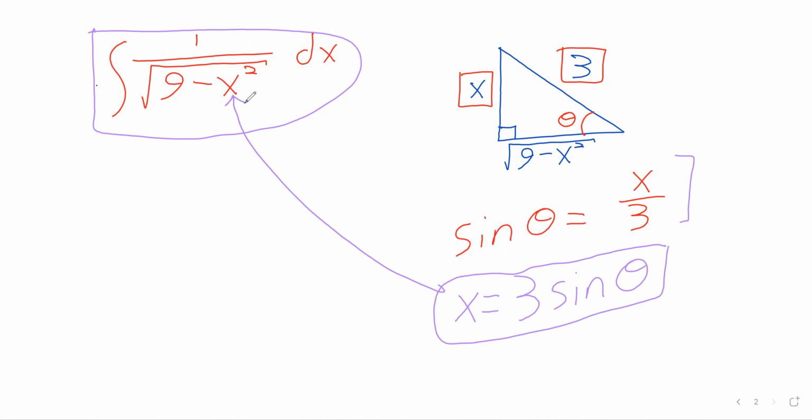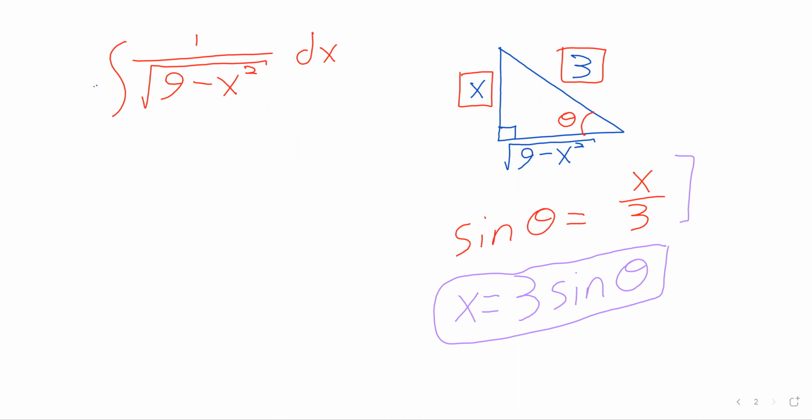And when we do this, it's going to look like we've made things worse. This trigonometric substitution always looks really ugly when we perform it. But let's see what happens if we take this x and we plug it in here.